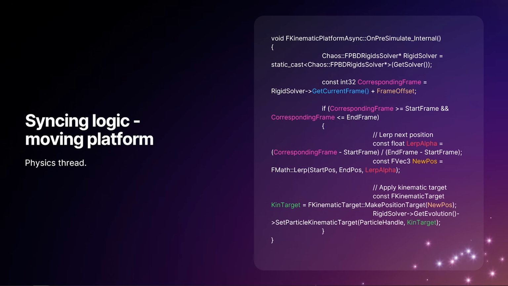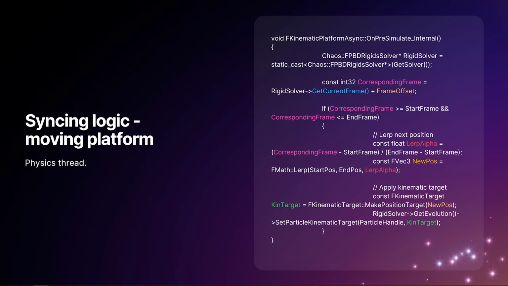I'm not going to go through this, but this is logic to move a kinematic platform on the physics thread. If you look at the very top, this is in on pre-simulate internal. It's through an async callback object, which runs on the physics thread only, or it ticks on the physics thread.